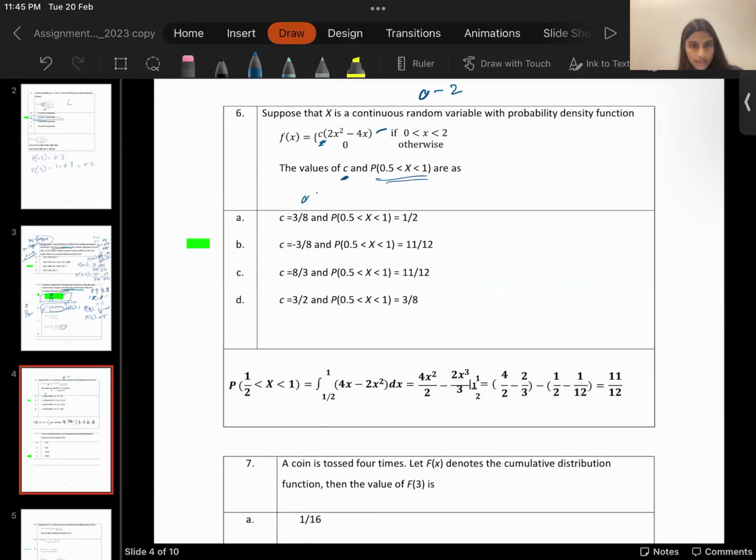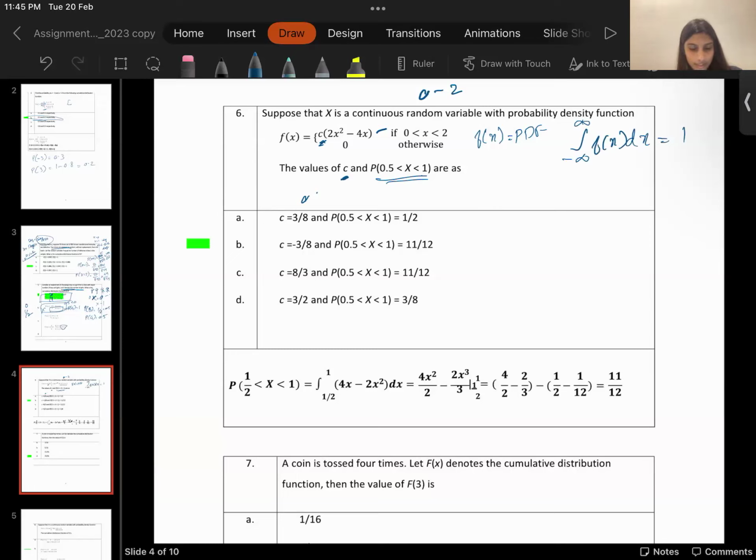So here we can define, since f of x is the probability density function, the total area under the curve should be equal to 1. So you define it as the integral of f of x dx is equal to 1.